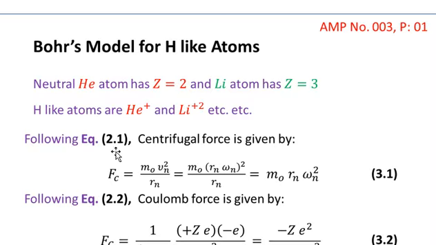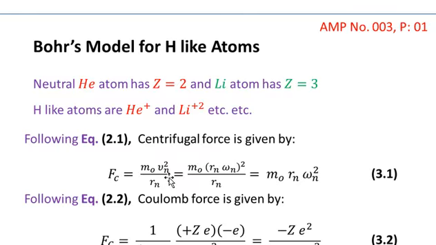Following equation number 2.1 from the previous slide, the centrifugal force is given by Fc equal to m0 Vn square over Rn. You see that here we are using the subscript n with velocity Vn and with the radius of the orbit as Rn. This is because in the previous slide we found that the velocity and the orbital radius of the electron are both quantized quantities.